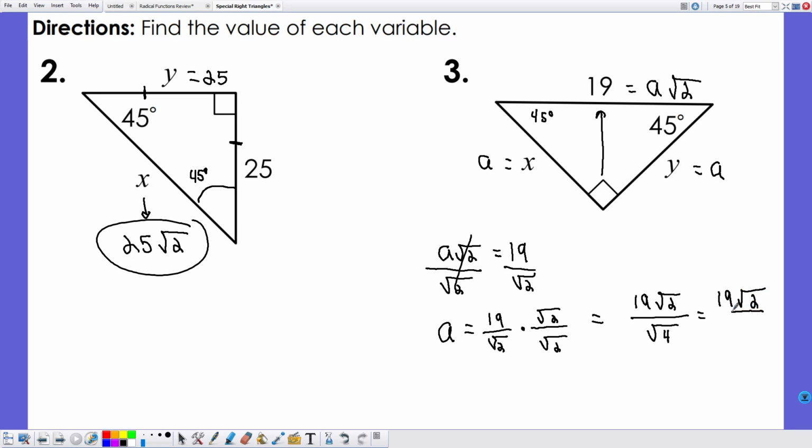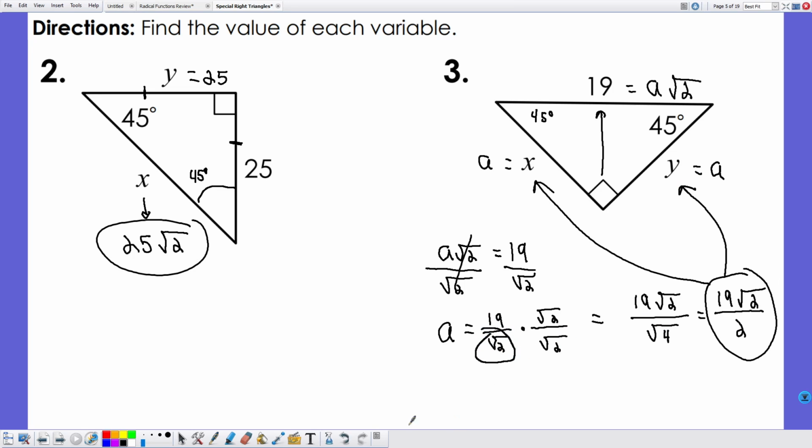So our final answer is 19 times the square root of 2 over 2. That's the value for a, which is the value for both x and y. So again, if you ever have a radical in your denominator, cancel it out by multiplying by that same radical over itself.